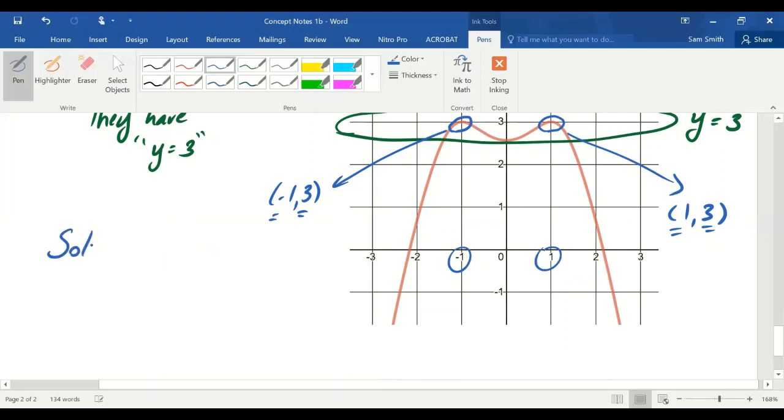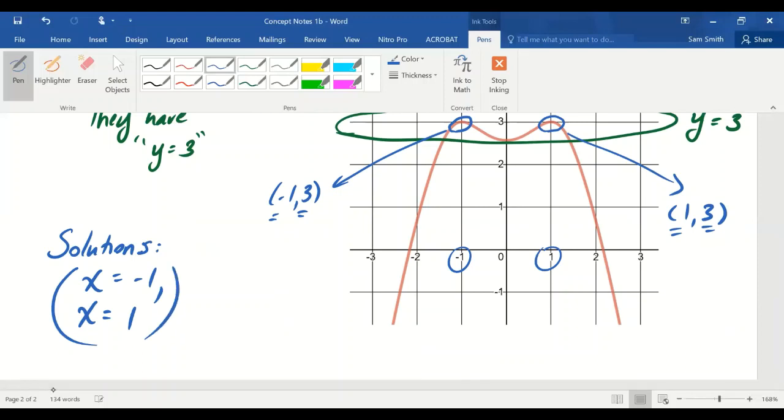The solutions are, if x is equal to -1, then y will be 3. And if x is equal to +1, y will be 3 in that case as well. An incredibly powerful tool.